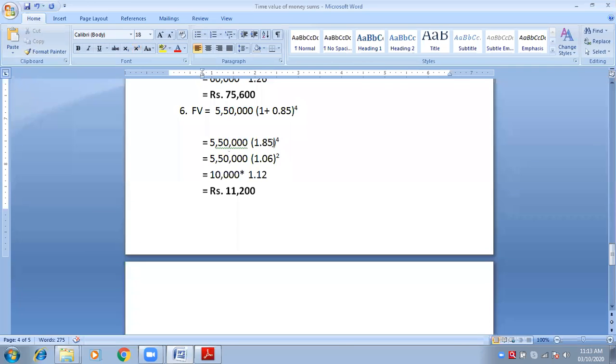In the calculator, 1.085 into 1.085, 1.17 is the answer of second year. Press equals to third year. Press equals to fourth year. That's it. Tell me the answer. 1.38.